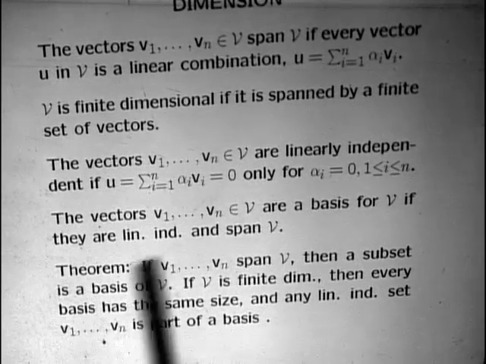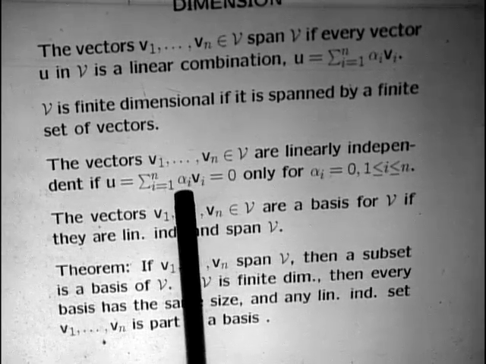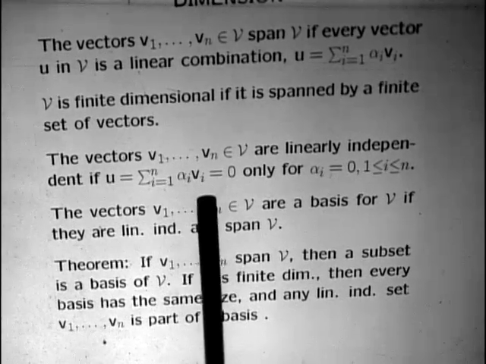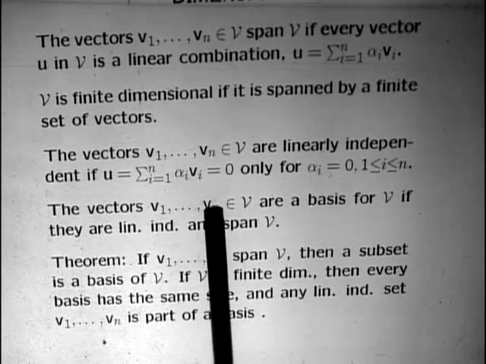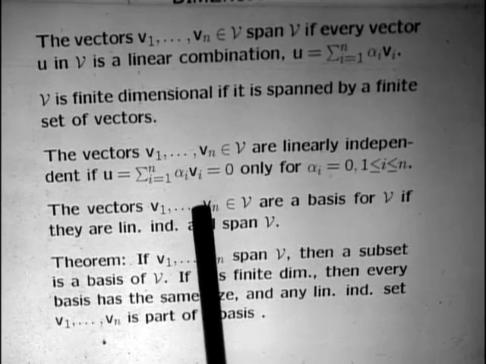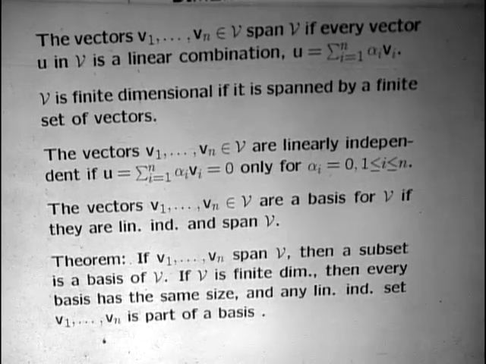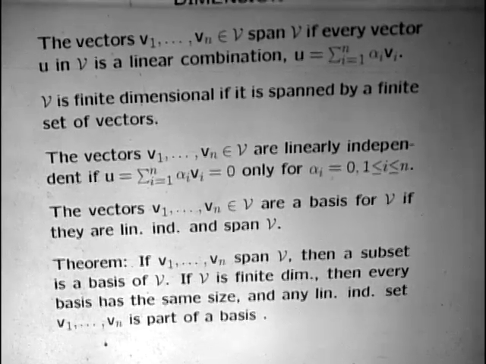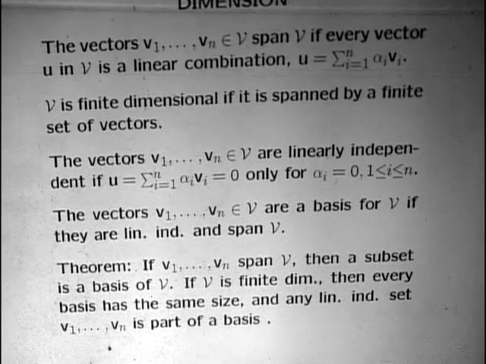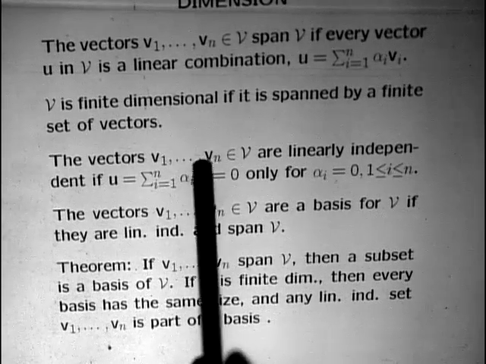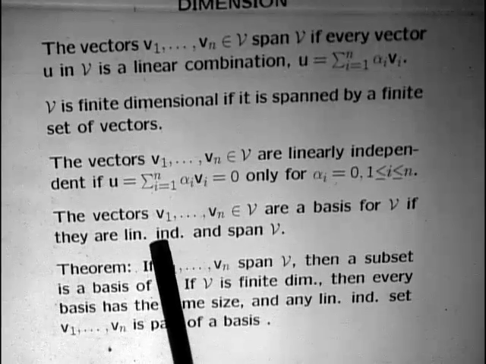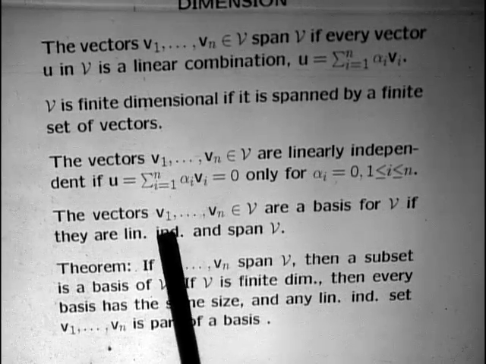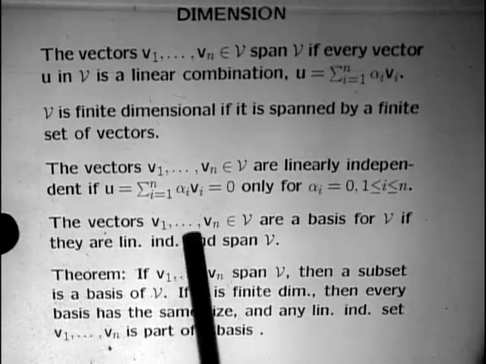In other words, you can't take any linear combination of the v sub i's and get 0 unless that linear combination is using all zeros. You can't in any non-trivial way add up a bunch of vectors and get 0. To put it another way, none of these basis vectors is a linear combination of the others. That's usually a more convenient way to put it, although it takes more writing.